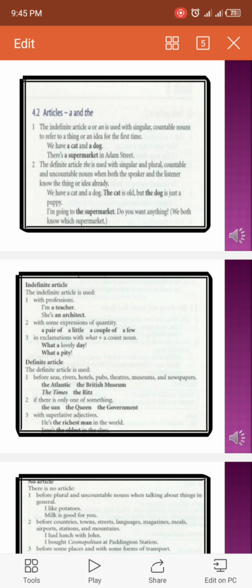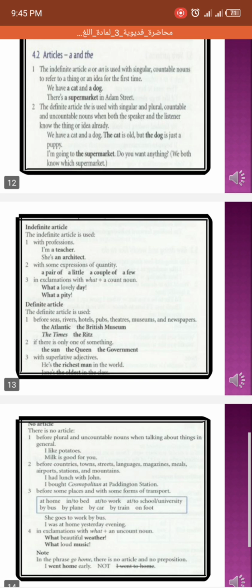For example, we have a cat and a dog. The cat is old, but the dog is just a puppy. I'm going to the supermarket. Do you want anything? It means we both know which supermarket.